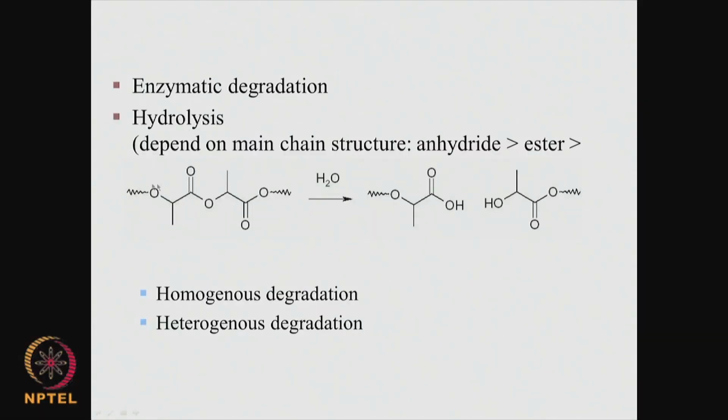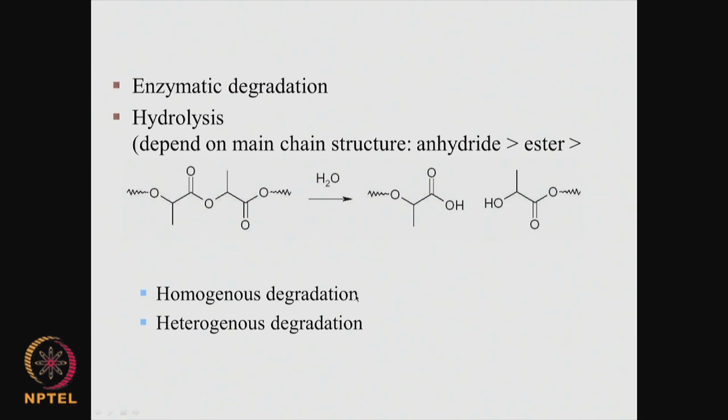Like I said, anhydrides are very easily degradable, esters come next and so on. Of course enzymatic, you can have lipases, esterases, amidases, which if present in the in vivo system can also aid in the degradation.